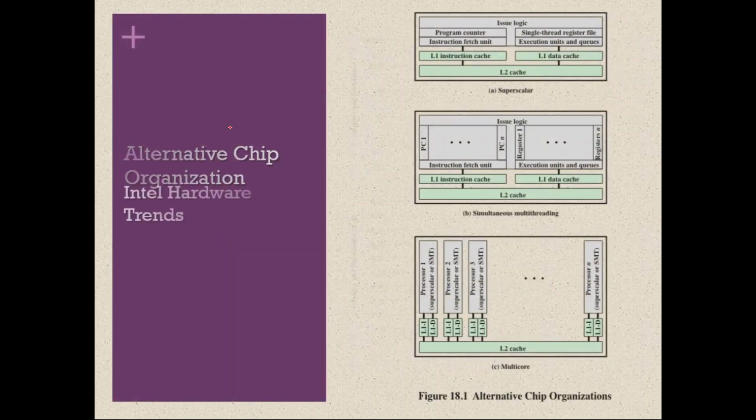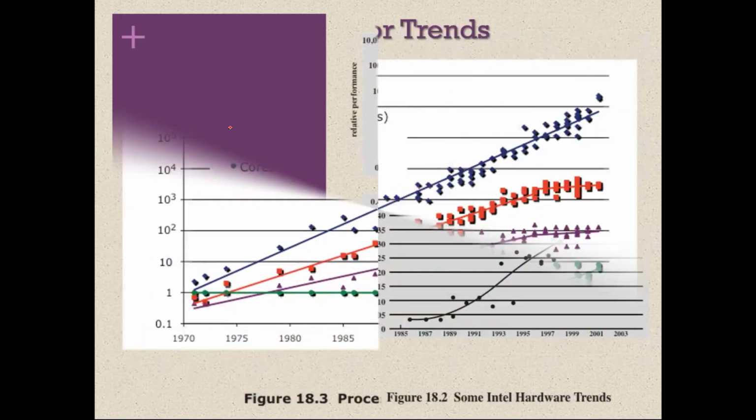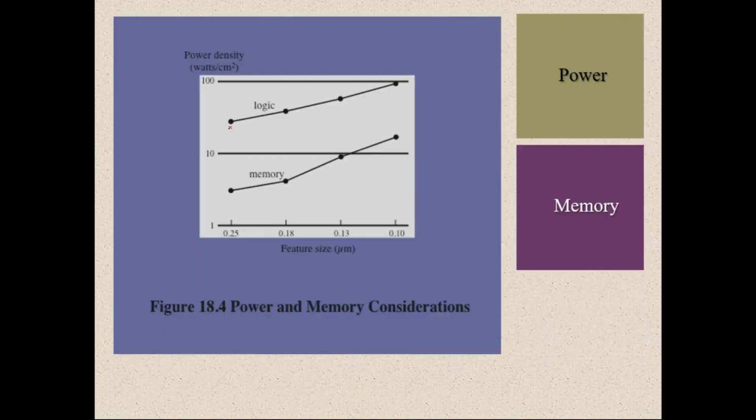We have discussed this, and we'll come back to it. In this diagram, this is the power density, the power requirement, and this is how much size the cache occupies and how much size the other logic circuitry of the processor occupies.